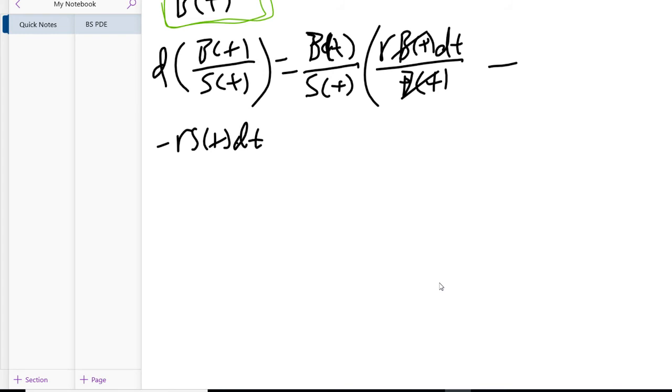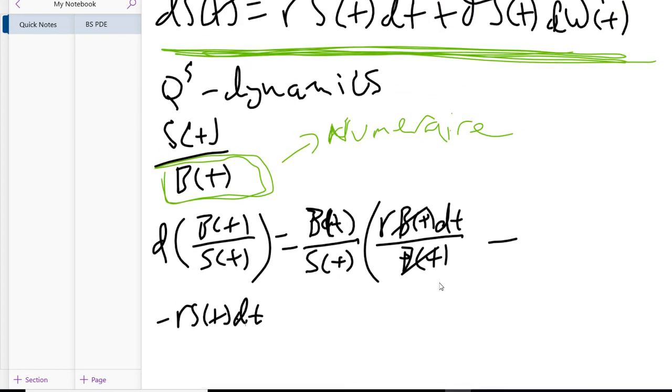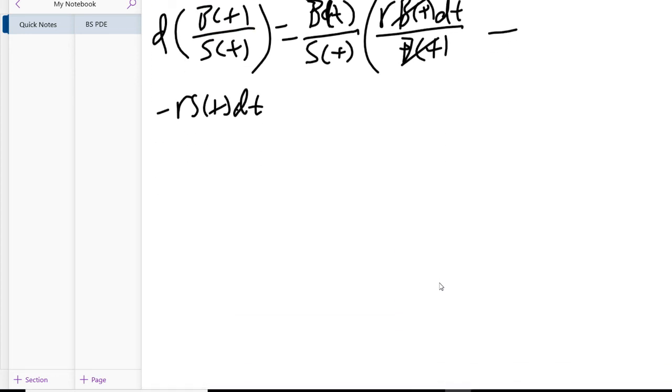So to be clear, we're getting the Q^S dynamics from the Q dynamics.